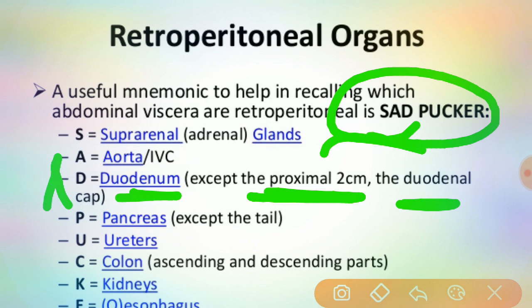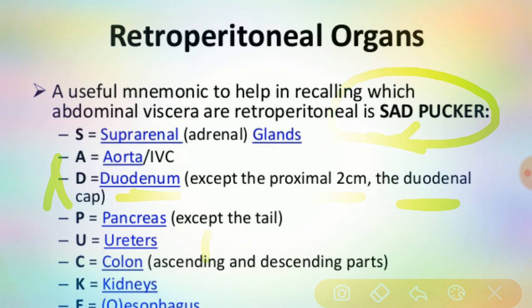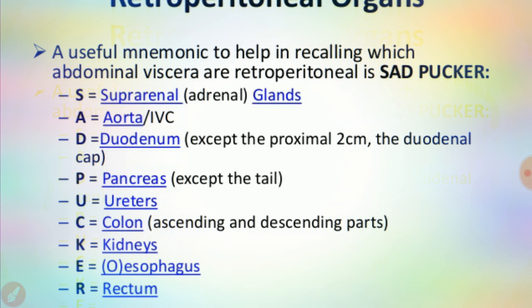In the pancreas, except for the tail, the remaining pancreas comes under the retroperitoneal organs. Then U means ureters and C means colon. The colon part consisting of the ascending and descending parts comes under the retroperitoneal organs.